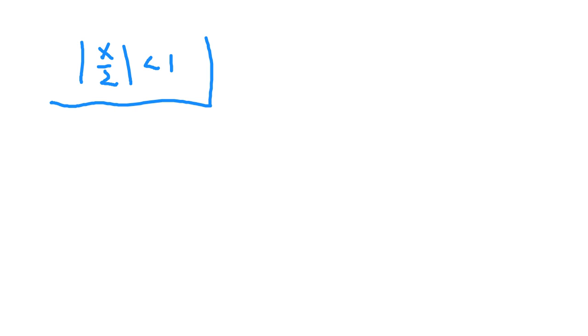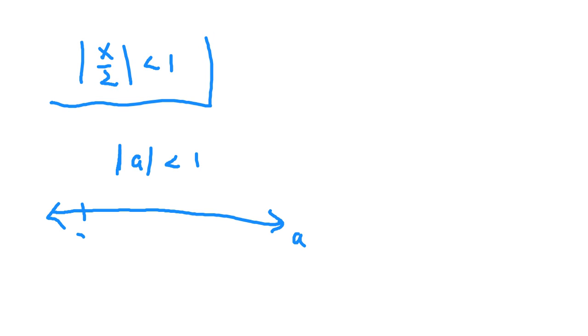That's what we want to solve. So let's take a little analogy here. Let's say you had the absolute value of a is less than 1. Okay, and you drew a number line here. Here's a number line with a values.